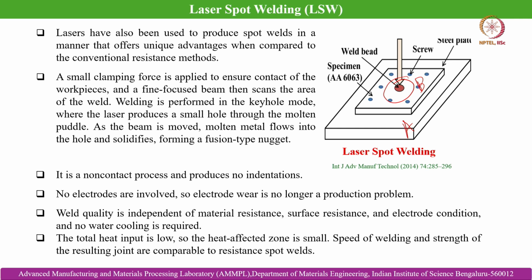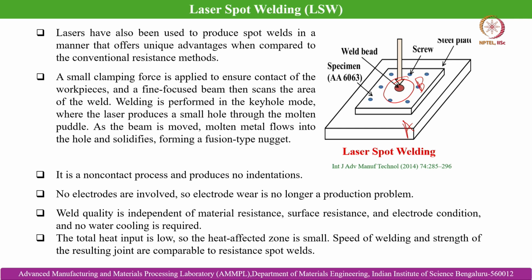What we do here, basically, once the laser beam is applied, it creates a hole and then that hole is filled by the melt, and again it is an autogenous welding. So the weld metal is drawn from the workpiece materials itself. That means the composition of the joint will be the combination of A and B, with contribution of composition from A and B alone and not from any other externally added filler material.